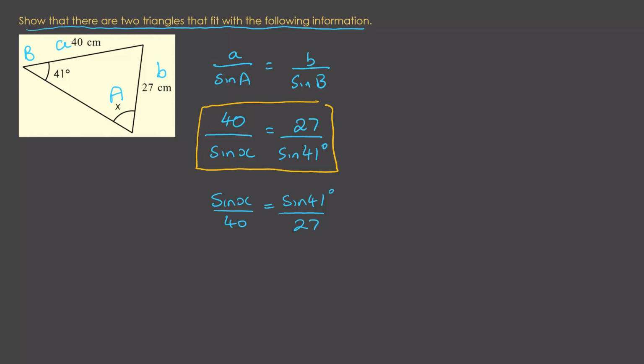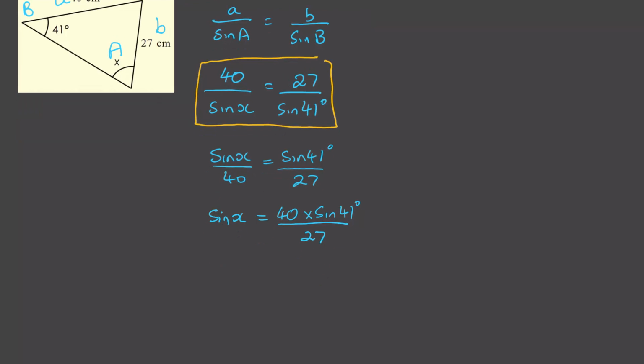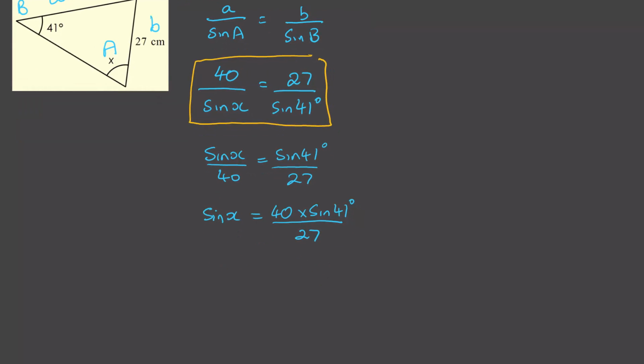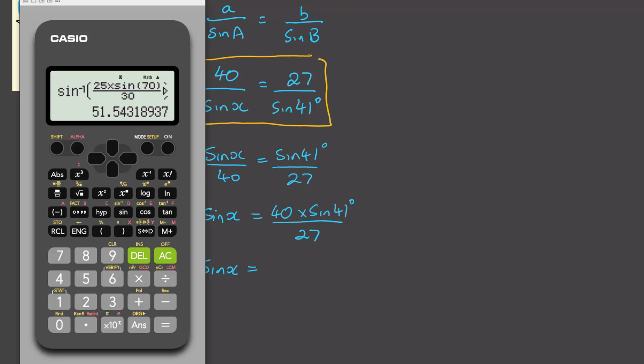And then 40 is dividing on the left-hand side, so multiply both sides by 40, and we get sine x is equal to 40 times sine 41 divided by 27. So there's a reason I'm doing this line here.